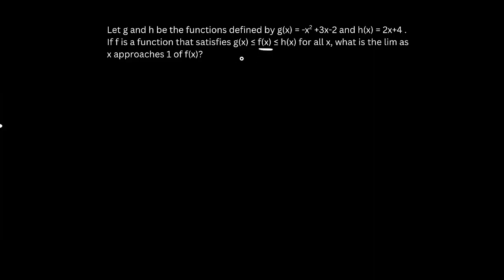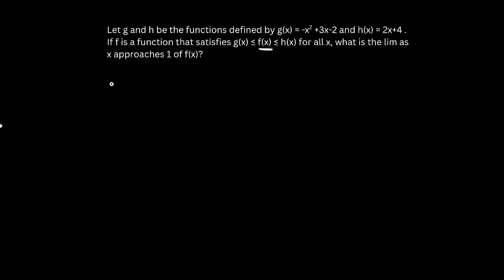The squeeze theorem tells us that our function f of x is sandwiched between two functions g of x and h of x, and if the limits of both g of x and h of x are equal, then the limit of f of x would also equal that same value. Here we're given the explicit expressions for g of x and h of x, so we can find their limits, and if they happen to be equal, then by the squeeze theorem, f of x's limit is also equal to that.